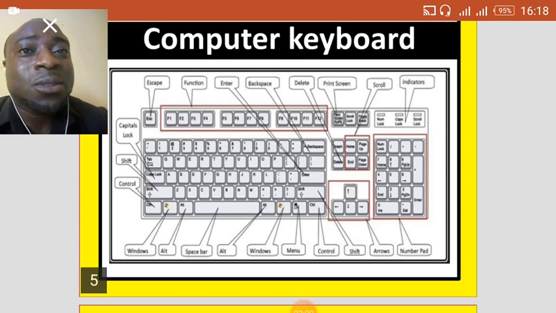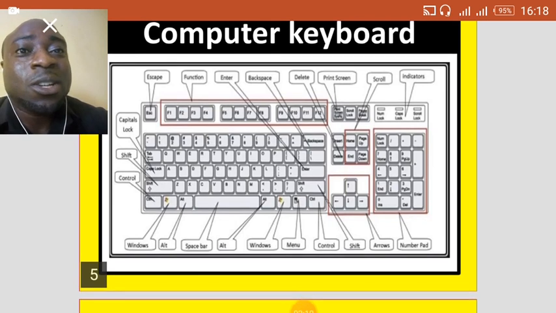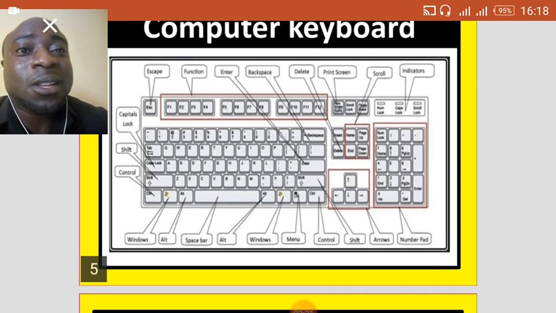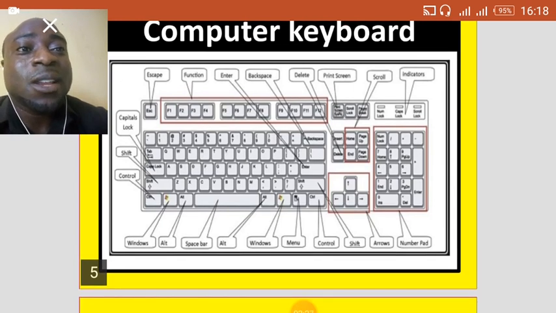I will mention some that we can see on the screen, like escape, function, enter, backspace, delete, print screen, scroll, caps lock, shift, control, alternate key, Windows key, spacebar, hotkey, Windows menu. They have their own particular function, and we also have arrow keys on the keyboard.